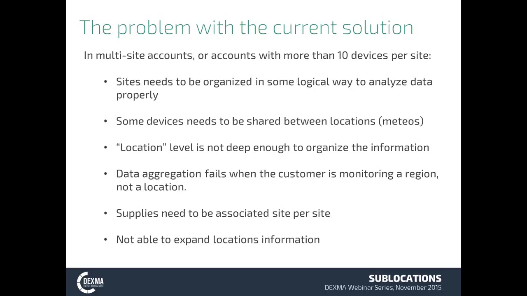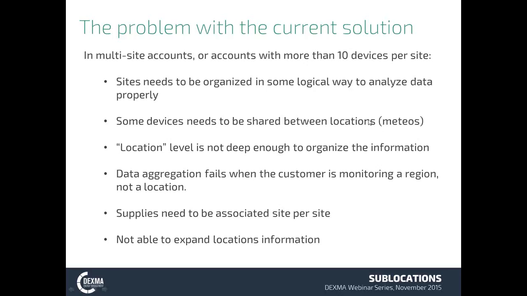The problem with the current solution is that in multi-site accounts, or in accounts with more than 10 devices per site, the sites need to be organized in some logical way to analyze that data properly. That's something we can do right now.